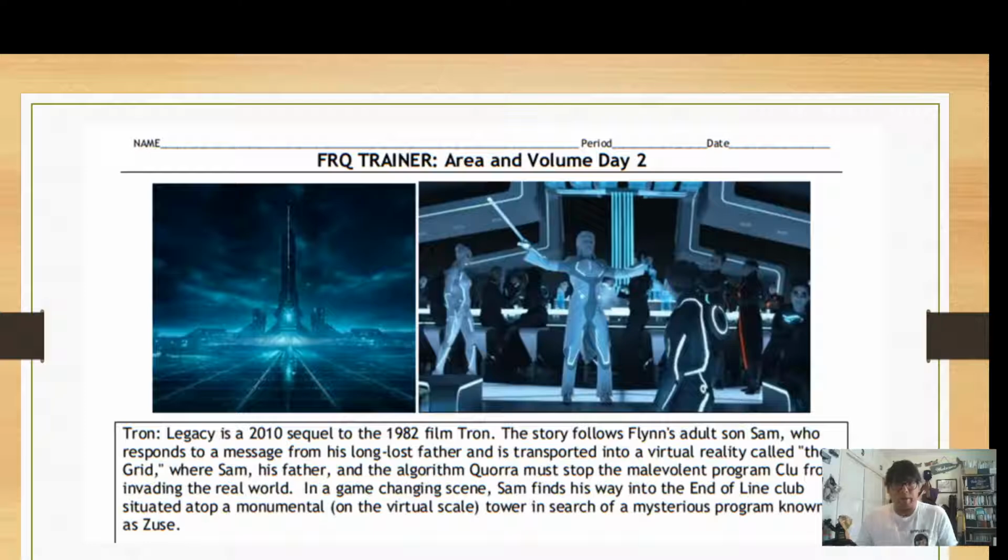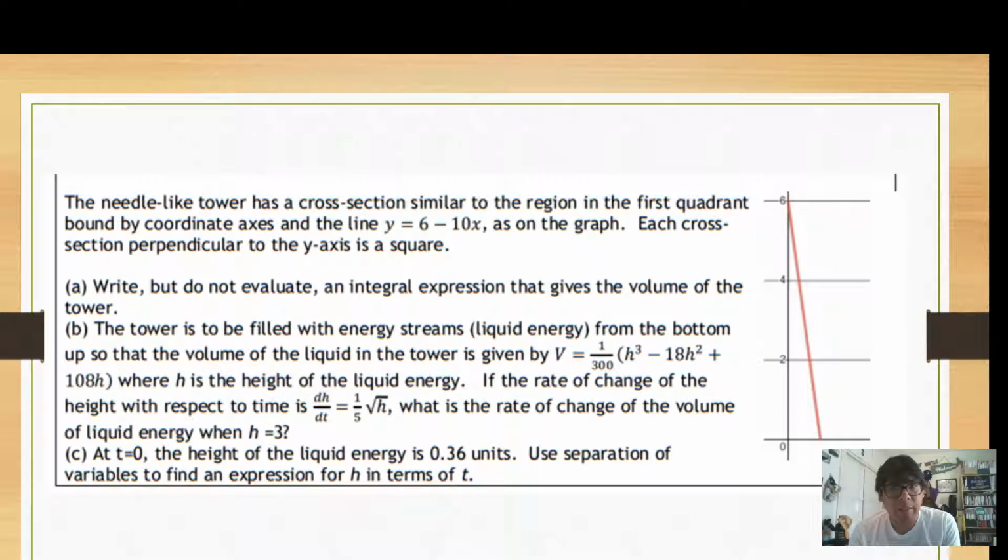So we're back on Tron. We're on the remake of Tron this time, which is from 2010. And the whole idea is, you see the tower on the left side. It's a very tall needle-like tower. Let's try to model this mathematically.